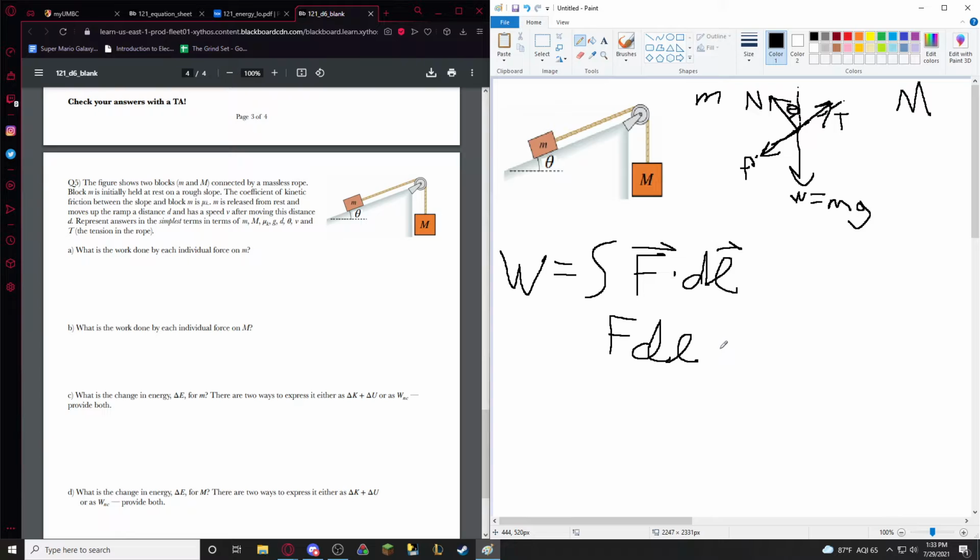The angle would be 90, so what would it be? It would be sine 90? Cosine. Oh, cosine 90, which is 0, so it disappears. So dot product is cosine, and cross products, which you'll see this next week when we get into torques, is sine.